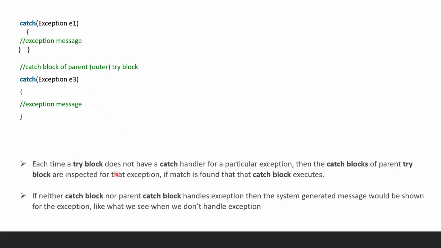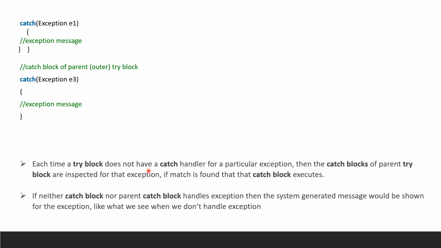Each time a try block does not have a catch handler for a particular exception, it is not mandatory to have a catch handler for it. Then the catch blocks of the parent try block are inspected for that exception. If a match is found, that catch block executes.